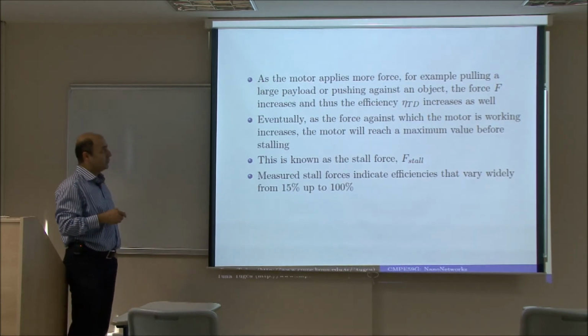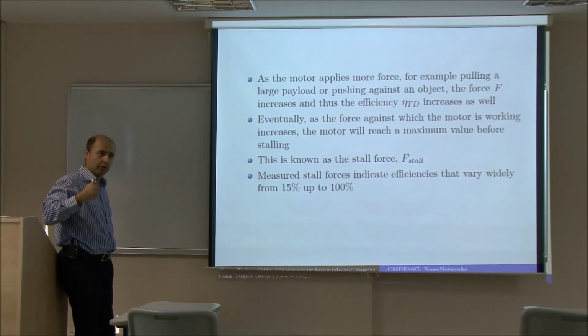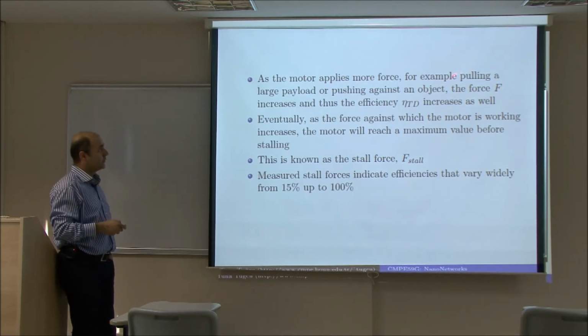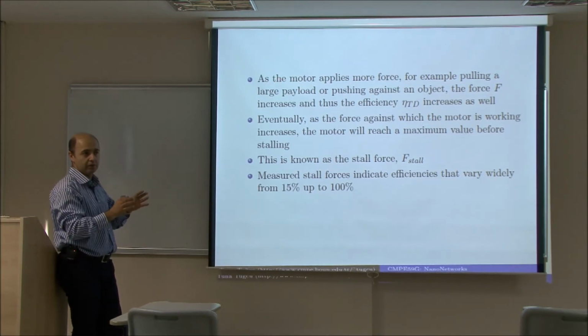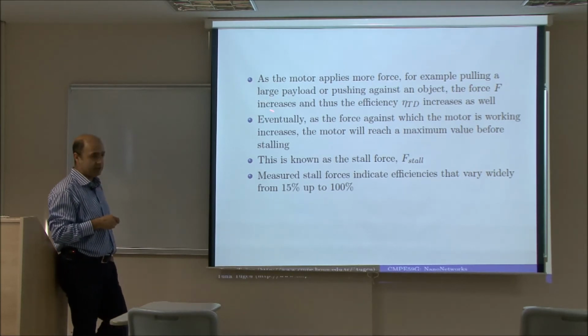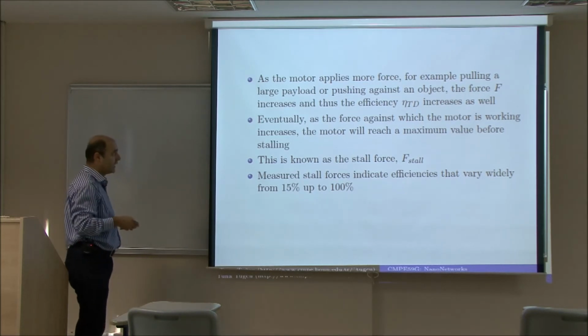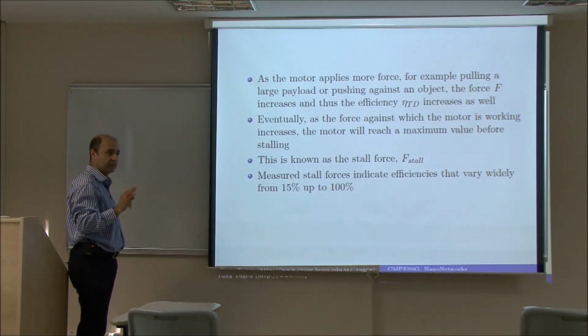As the motor applies more force to move the load it's carrying, for example, pulling a large payload or maybe pushing an object like an organelle, the force F is going to increase, so the efficiency will also increase, but up to a point. Okay? Eventually, that force against which the motor is working will increase and increase, and the motor will finally come to a halt.